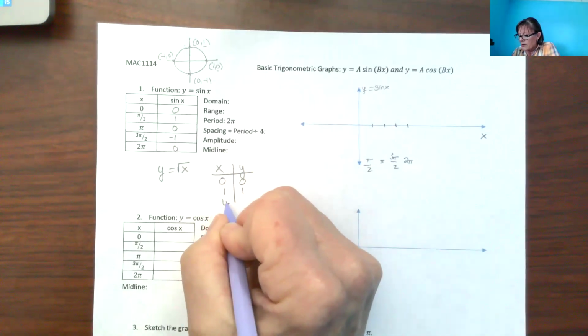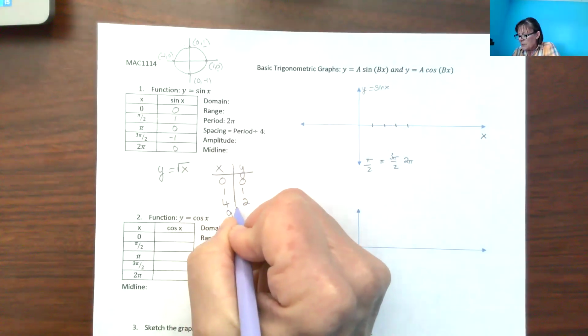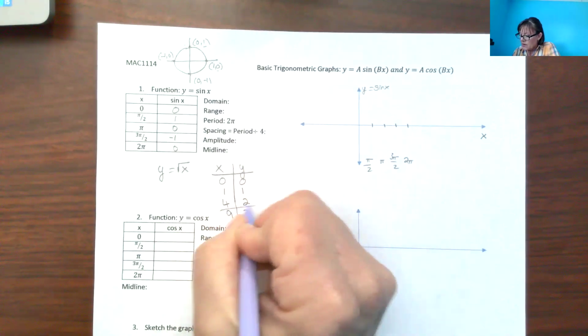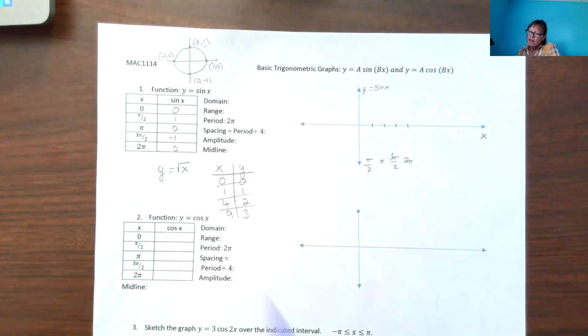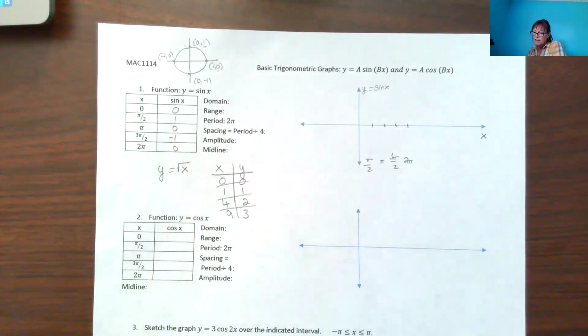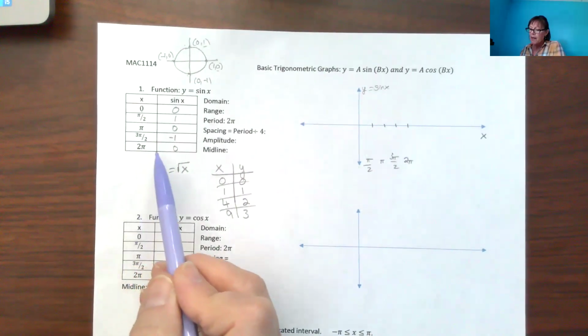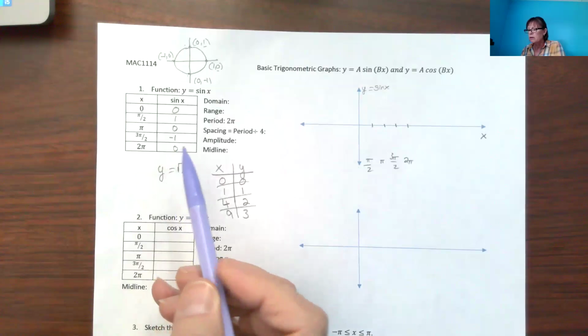I would skip to 4 because the square root of 4 is 2. And then I would go to 9 because it's a perfect square. The square root of 9 is 3. So I would pick nice values. That's what I've done here for this trig graph. You'll find that these values will produce x-intercepts and maxes and mins on this graph. I'm going to show you how to do that later.